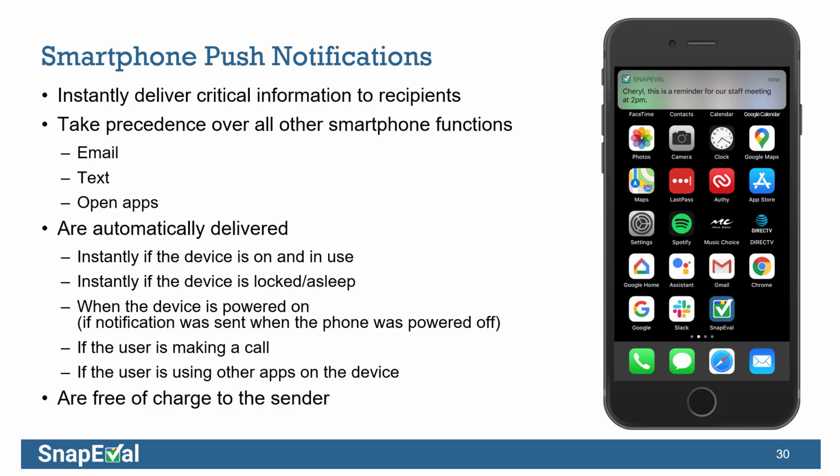So it doesn't cost you anything to create a push notification and send it to the recipient. They also use a very, very small amount of data for the recipient. So it's in the order of hundreds of bytes, which is a very, very small amount of data consumed when a push notification is received by the recipient. So it shouldn't eat into their data plan at all if they don't have an unlimited data plan. And of course, if they're on Wi-Fi, it doesn't have anything to do with their data plan because they're just basically on Wi-Fi.